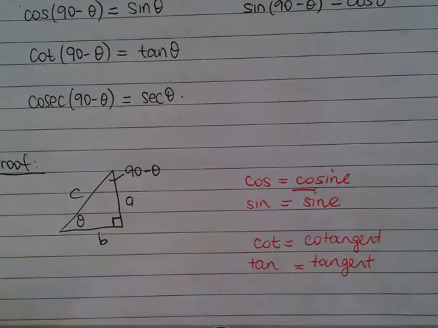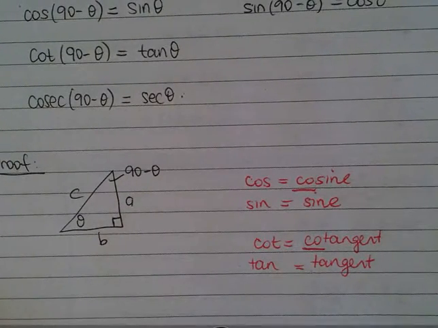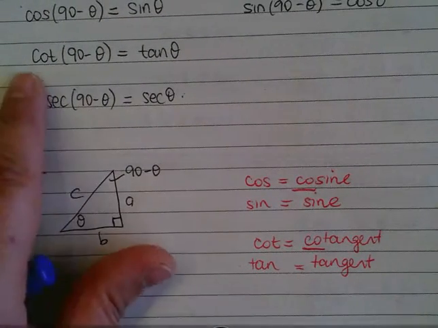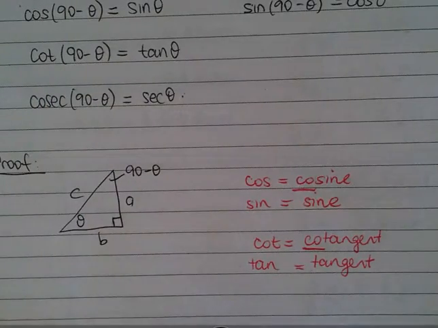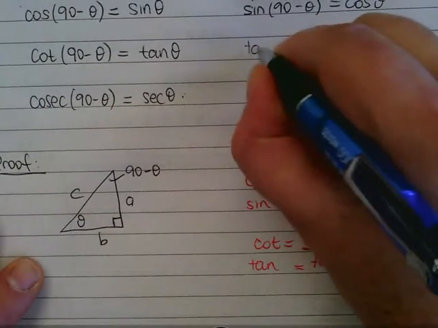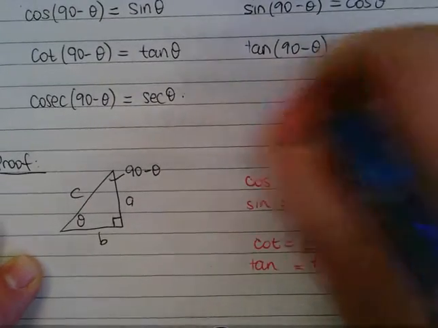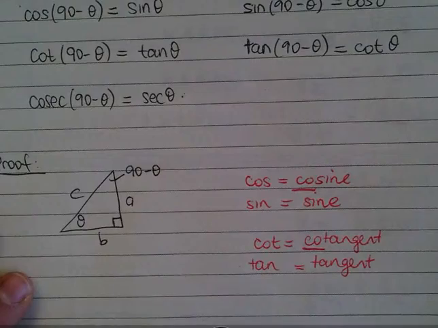Cot is cotangent. That's what it means. The difference between those two words is co, which is short for complementary. So cot and tan are complementary ratios. So the cot of 90 minus theta equals tan theta, or I could say that the tan of 90 minus theta is cot theta. Now we'll do examples in a minute, all right?